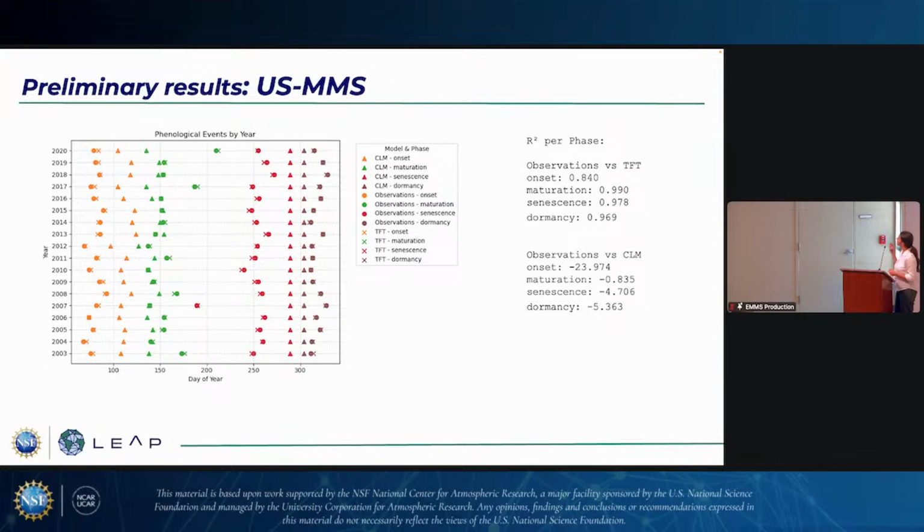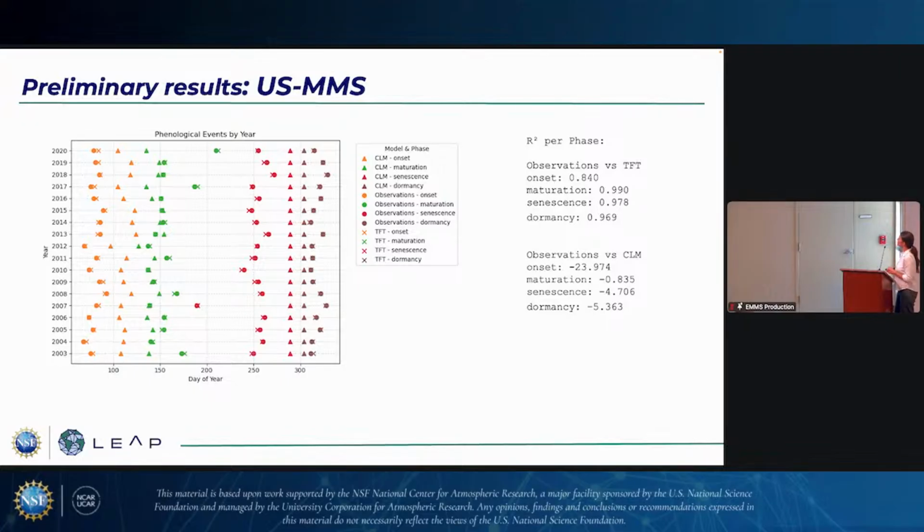I don't have this up here, but in terms of days of prediction error or bias, the TFT has less than 2 days over all phases of phenology, whereas in CLM, in some cases, it got up to over 30 days of prediction errors.